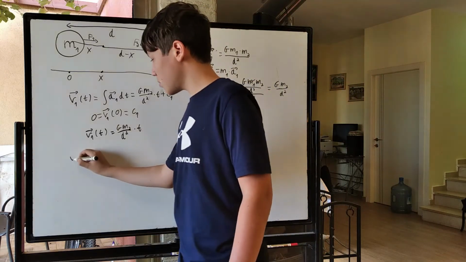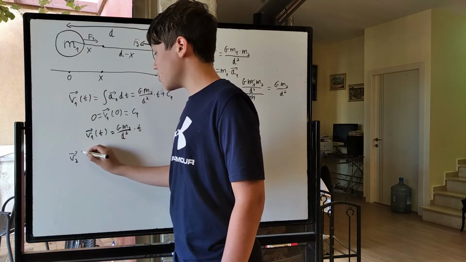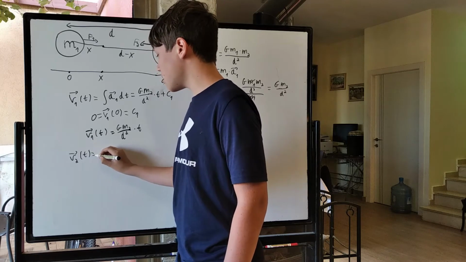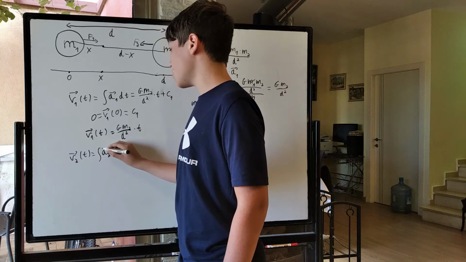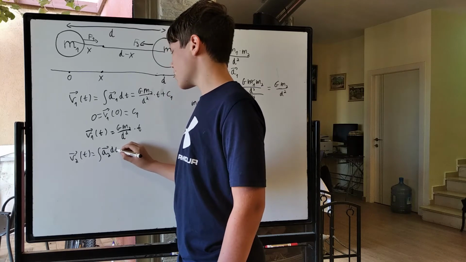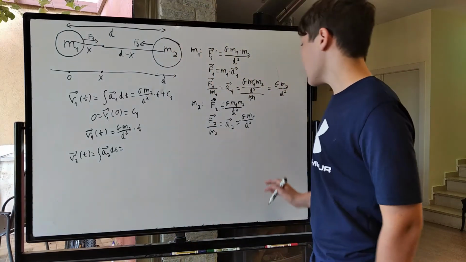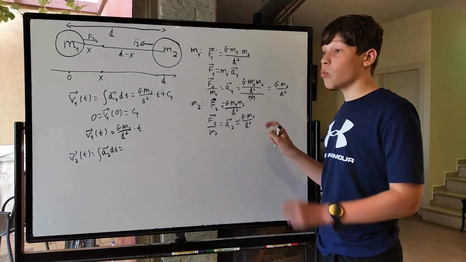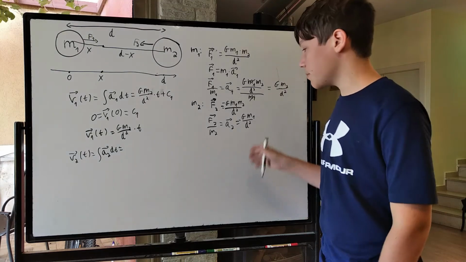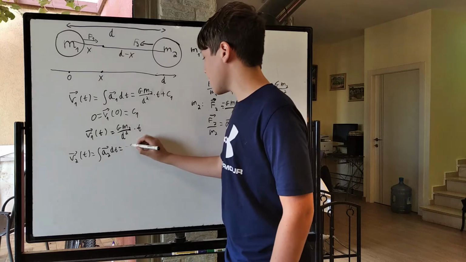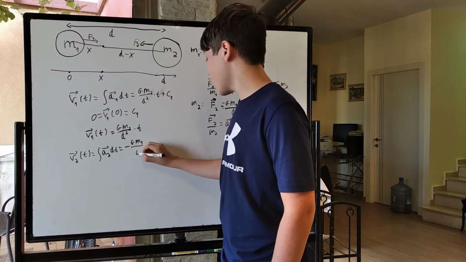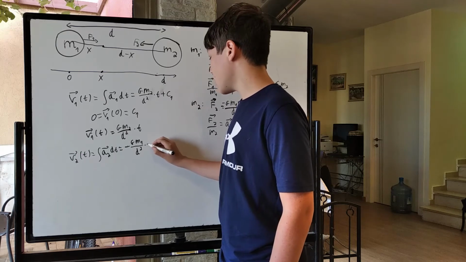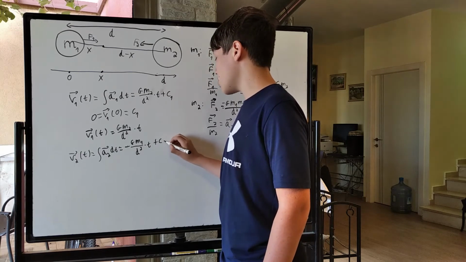So v2 of t is integrating a2 with respect to t. But now again, this is a constant in the world of t, meaning that this is going to be negative gm1 over d squared times t plus c2.